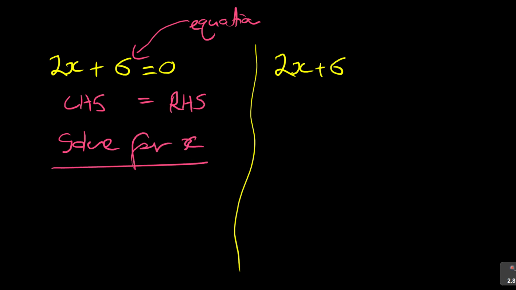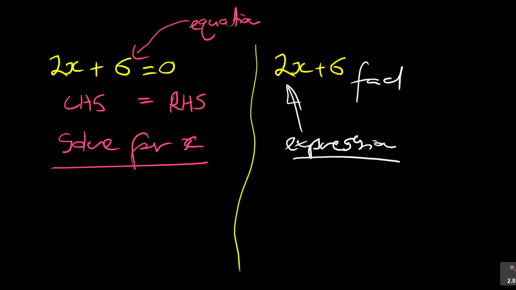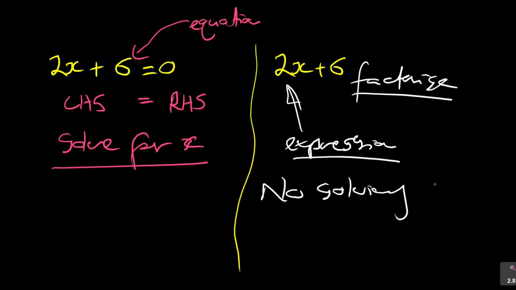But what about the next one? This one is called an algebraic expression. You can't do anything here, but you can only factorize. No solving for x. You find students wanting to solve for x here, but it's finished.